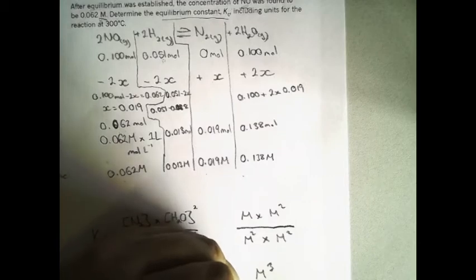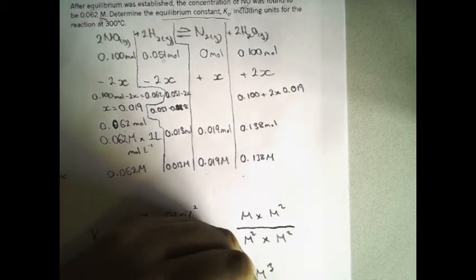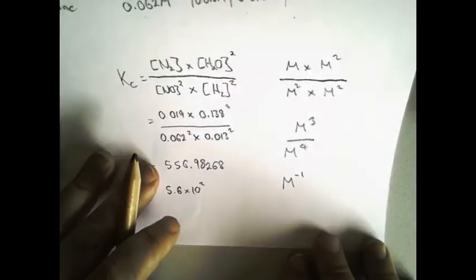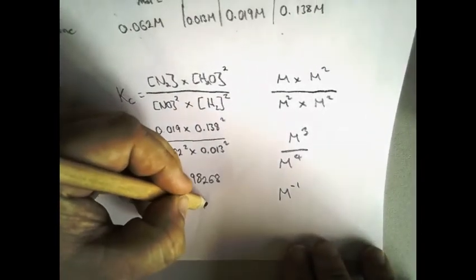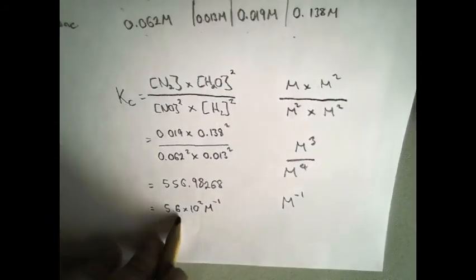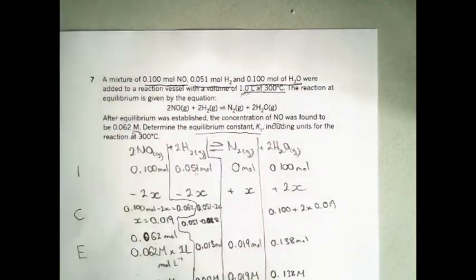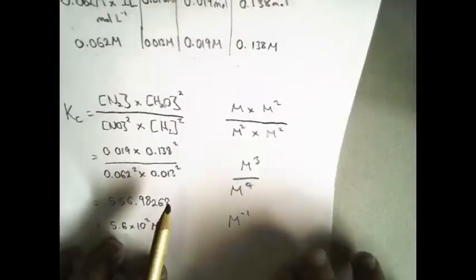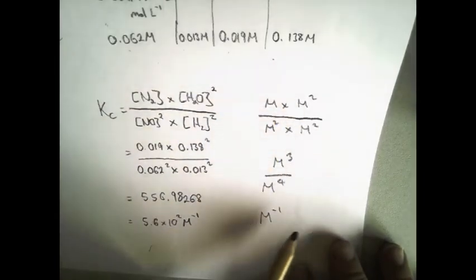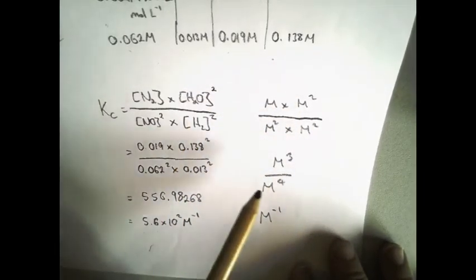Simplify that, we get molar to the negative 1. And that's what we use for our unit. We have 2 significant figures because we had 2 significant figures there up in litres. We have molar to the negative 1 because that's the units that I'm figuring out.